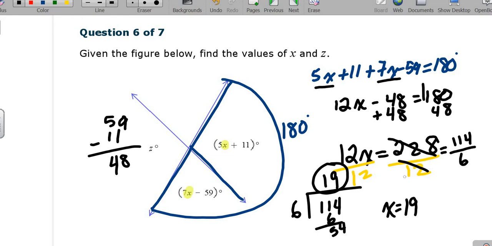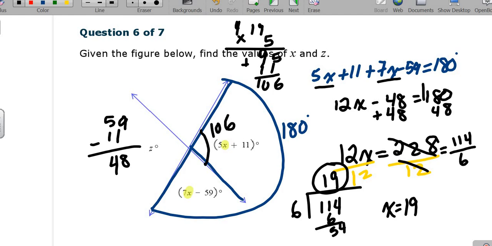Then I come over here and we solve for the angles. So we're going to go 5 times 19. I get 95 plus 11.